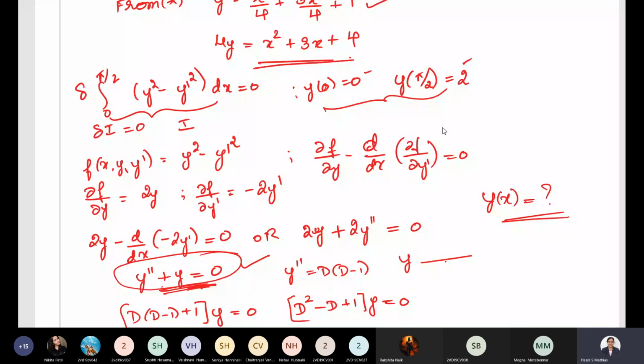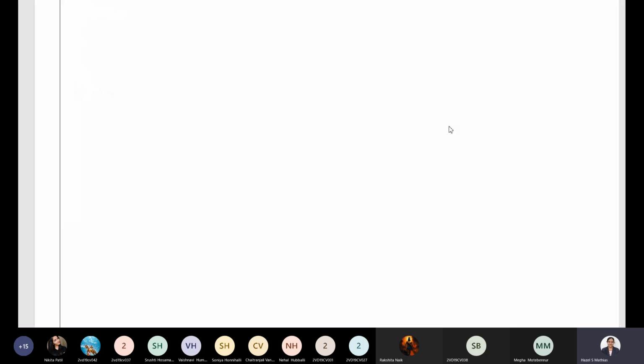Okay, let's discuss the next question. Show that the functional integral from x1 to x2 of (y square plus x square y dash) dx assumes extreme values on the straight line y equal to x.